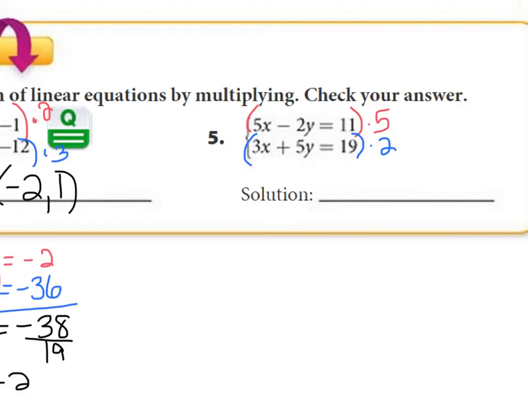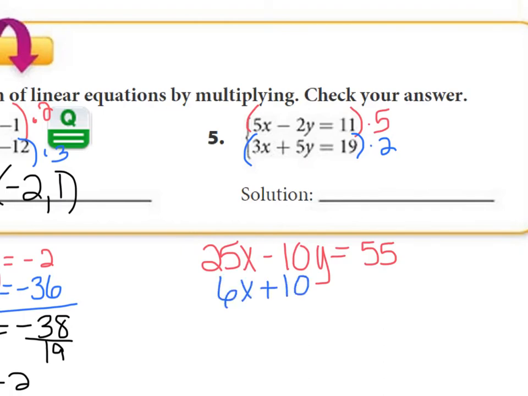So your top equation should have turned into 25x minus 10y equals 55. And your bottom equation should have turned into 6x plus 10y equals 38. Add them together.